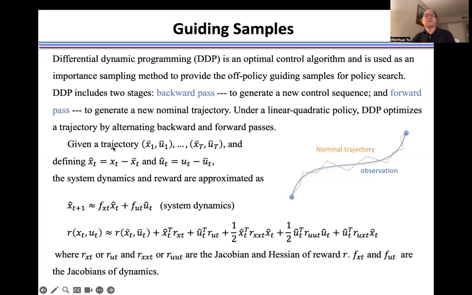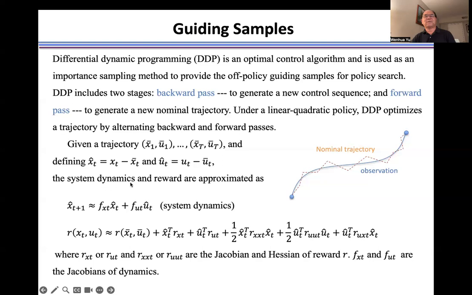Now, for example, we are given a trajectory and its samples along the trajectory, and define a differential, which is a very small difference. This is the state difference, and this is the action difference.